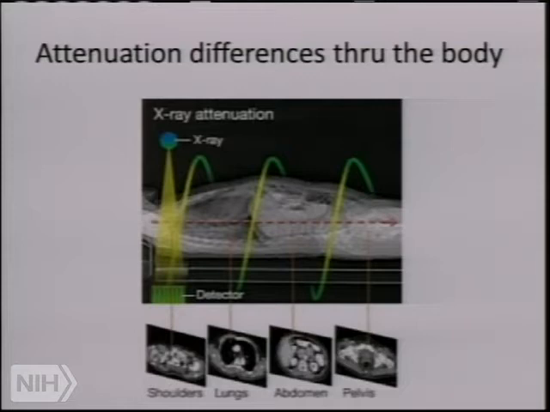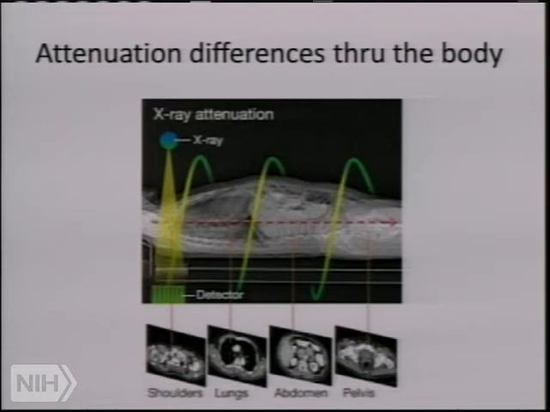Now, one of the things about the body is that it attenuates the X-ray beam to different degrees depending on what part of the body you're going through. So for instance, if you're going through the lungs, which are largely just air, there's relatively little attenuation of the X-ray beam. As a result, we get a sort of black image corresponding to the lungs down here.